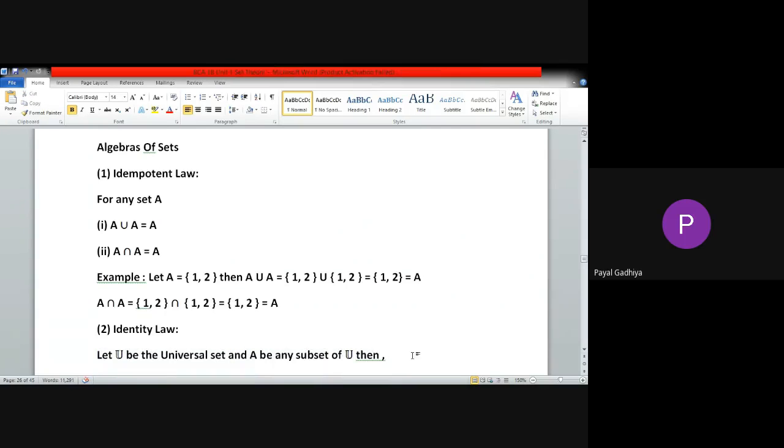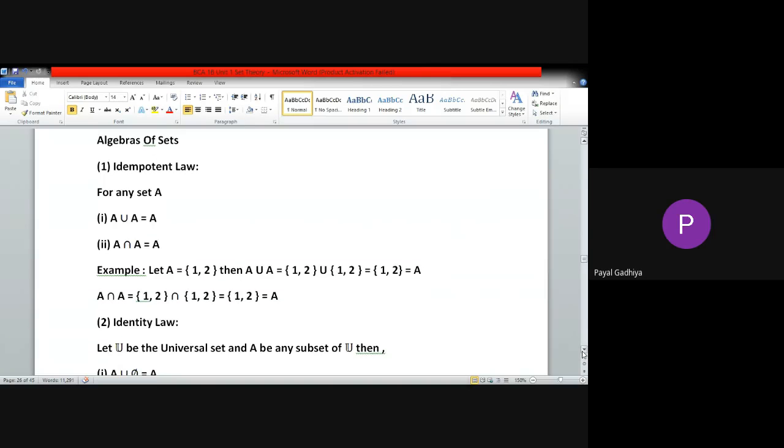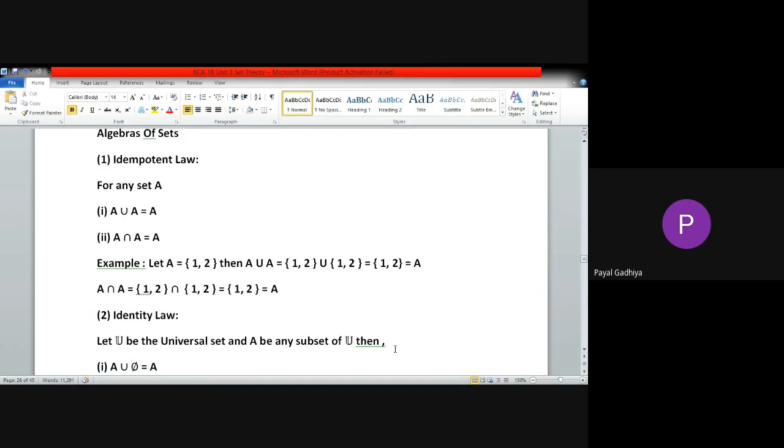Then what will be A union null set? See, null set is the identity element of union operation. So what will be A union null set?